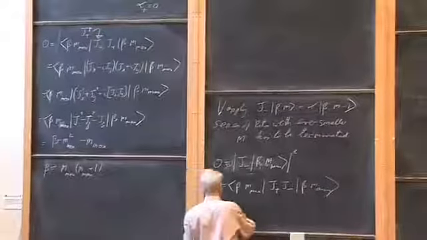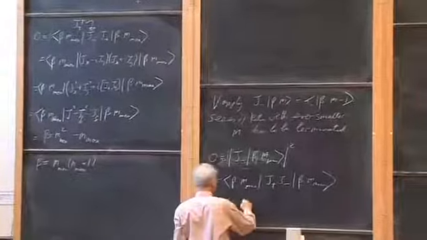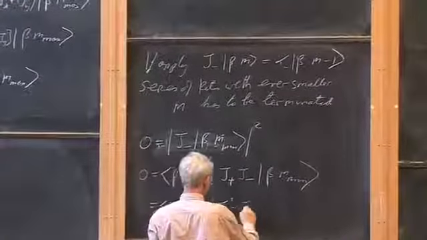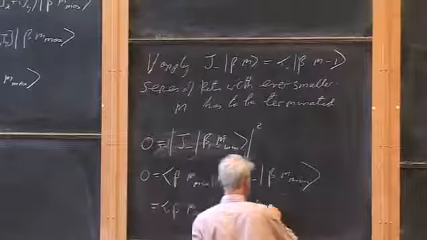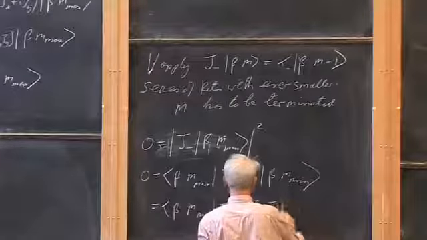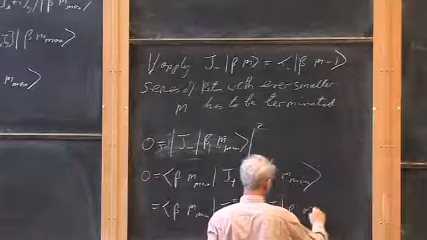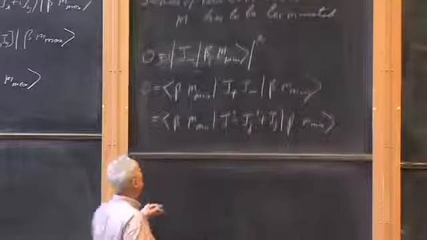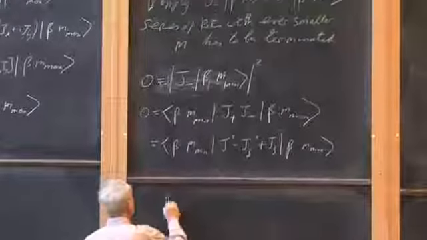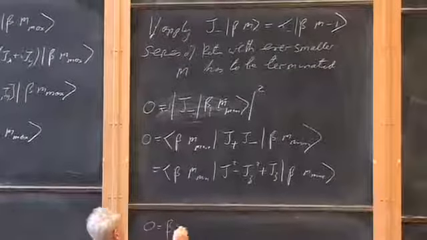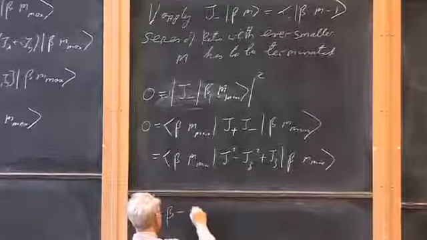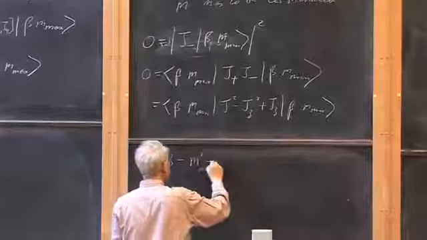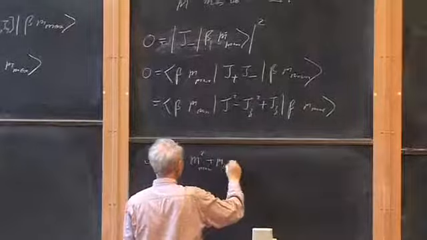So this is going to be nothing, is going to be beta m min, j squared minus jz squared plus jz. Which is going to lead to the conclusion that nothing is beta minus m min squared plus m min.